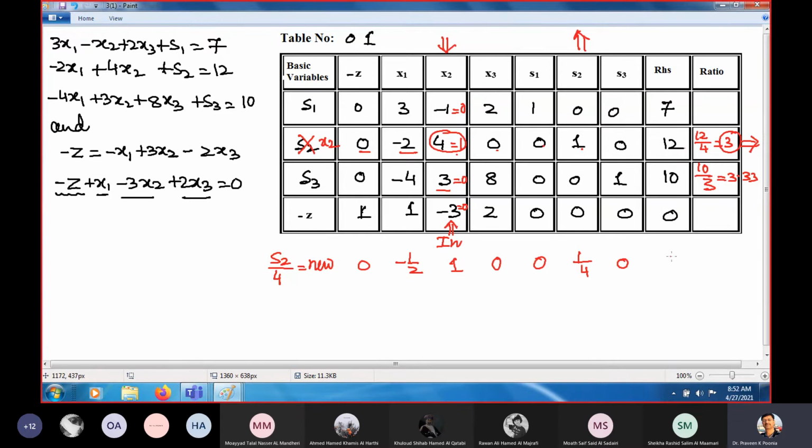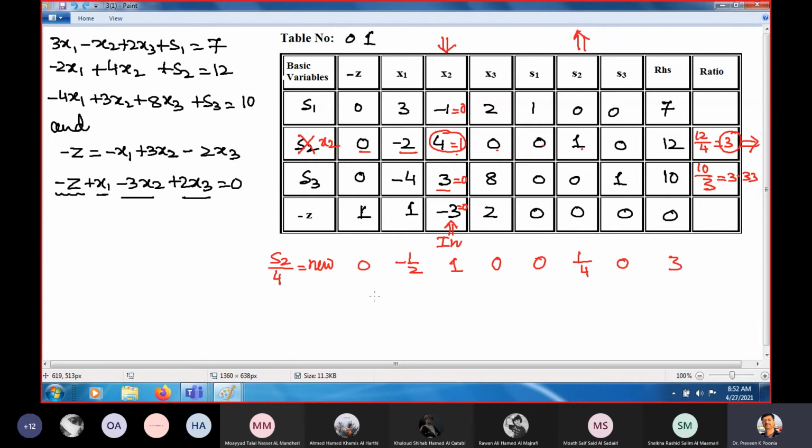And 12 divide 4 is 3. You obtained this by dividing the second row by 4. We need to make it 1 here, so we make it 1.